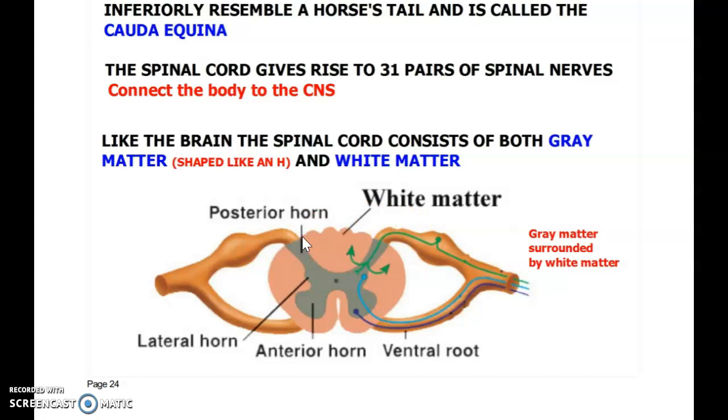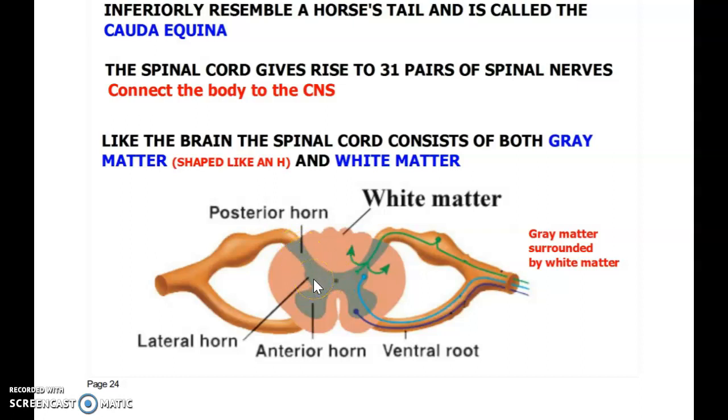So again, just like the brain, if you think about the cerebral cortex and how we saw that bark-like outer covering, and then of course those patches of nuclei within the brain itself, mostly white with some gray areas. Here, mostly white with a gray area, but it's interesting, the gray area forms the letter H. And there are projections from that letter H. If they face the back, we call them posterior horns.